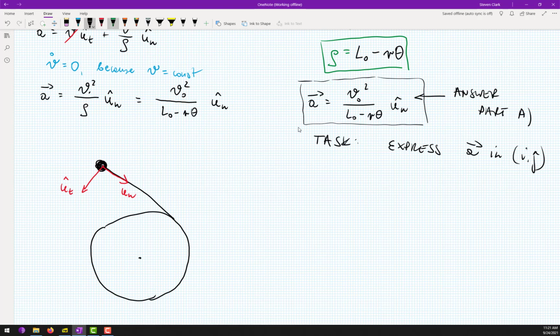So I will be a green vector, and it has only one component. Yes, this is our A. Sorry, this is our acceleration. It has only un, and our theta is here.